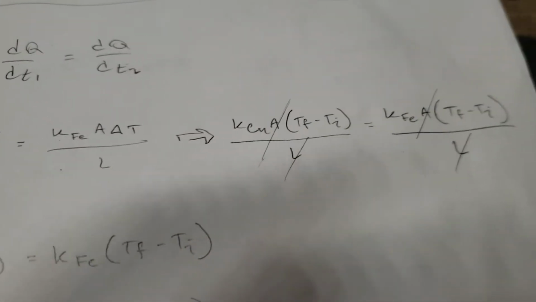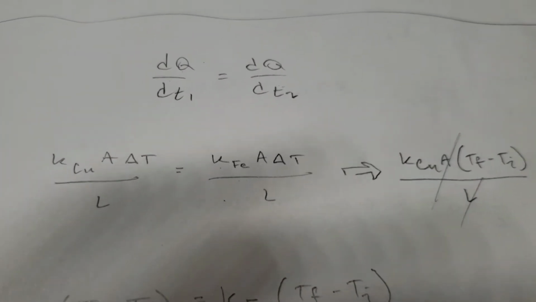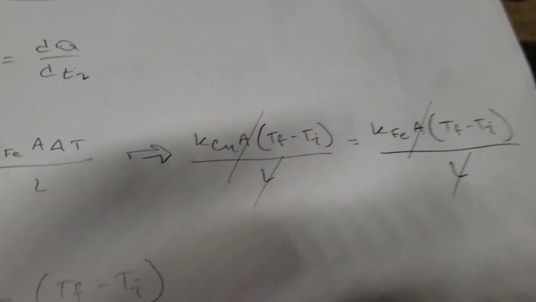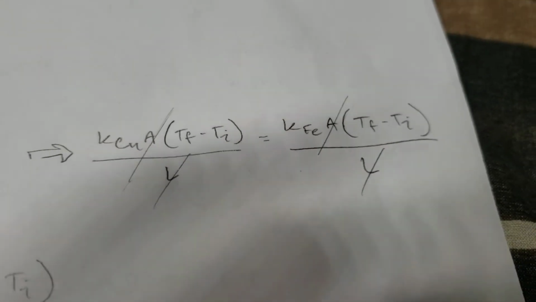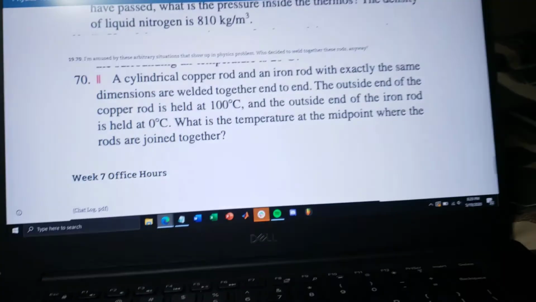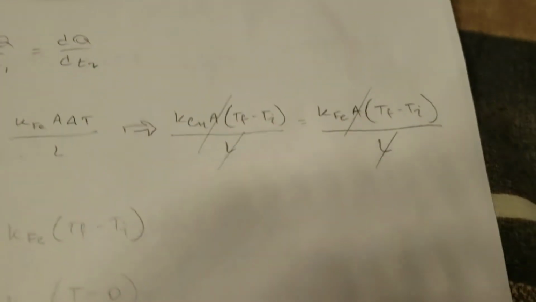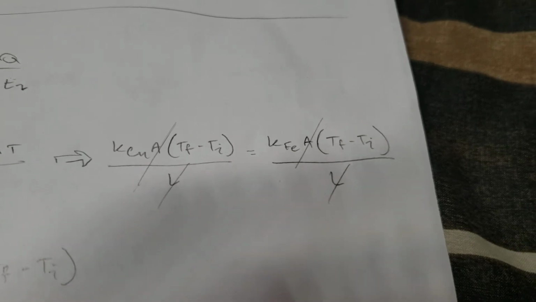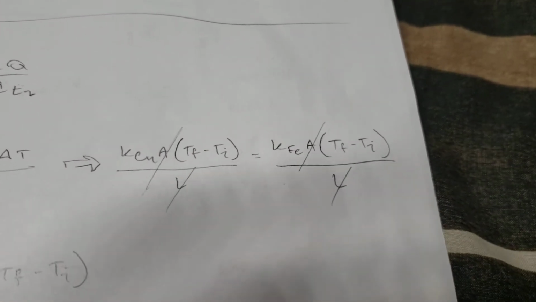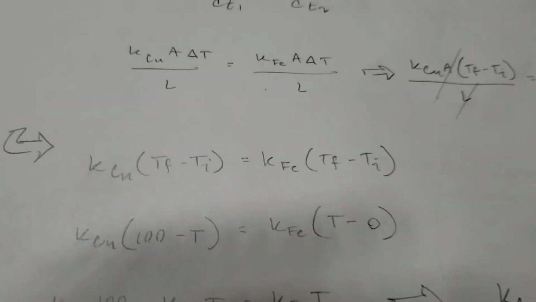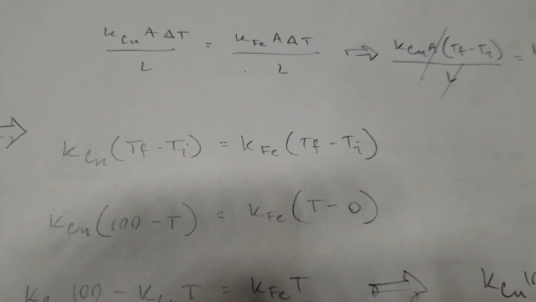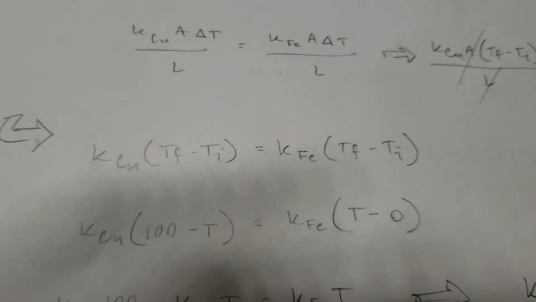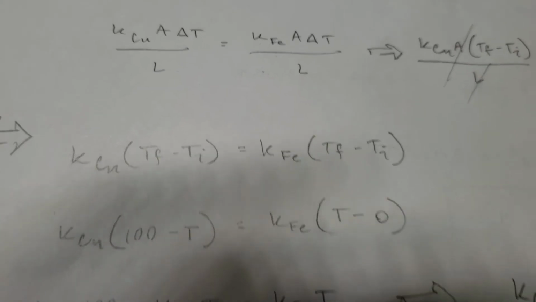Then simplifying, first we're going to break up the delta T into its parts, which is temperature at one point minus temperature at another point. We can also simplify since the problem specifically says that the rods have the exact same dimensions. Cross-sectional area and length in this equation are irrelevant, and we can cancel them out. That's why they're on both sides of the equation. So that leaves us with this: K_Cu times (T final minus T initial) is equal to K_Fe times (T final minus T initial). Cu and Fe are the chemical symbols for copper and iron, by the way.